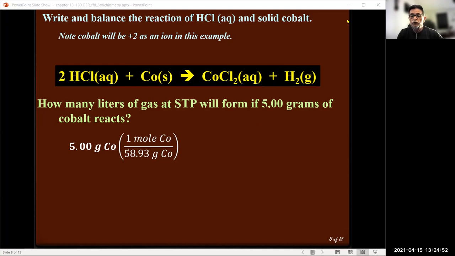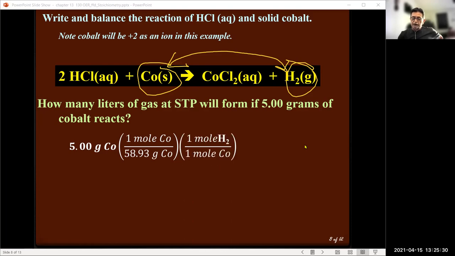Remember, just to keep track of where you're going, the relationship we're only looking at is between hydrogen and the cobalt. Whatever units I'm given, I need to put that into moles, and that's what the first conversion factor does by dividing by the atomic weight of cobalt. You get moles of cobalt.